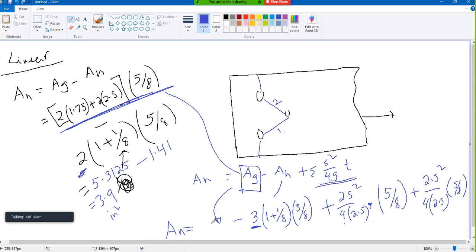If I come here, my gross area is 5.3125. 5.3125 minus 3 times 1 plus 1/8, 5/8, plus 2.5 squared, 5 divided by 8, divided by 4, divided by 2.5.